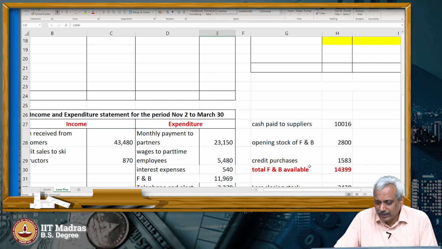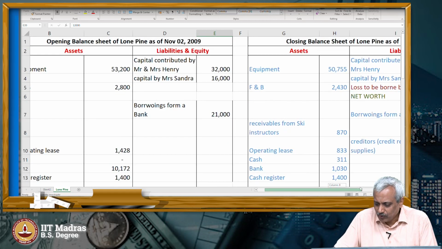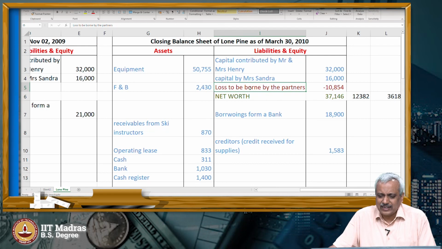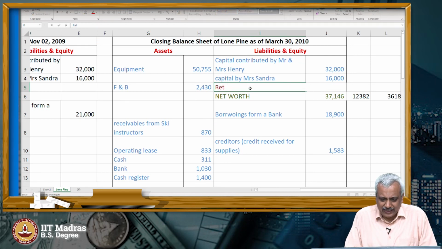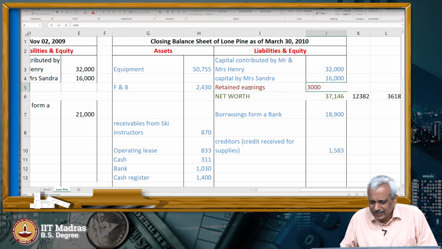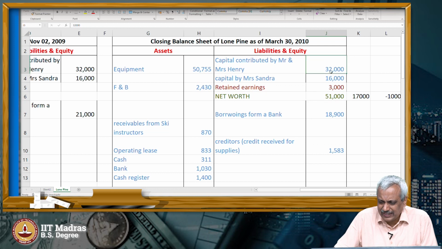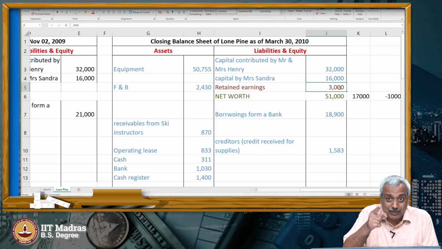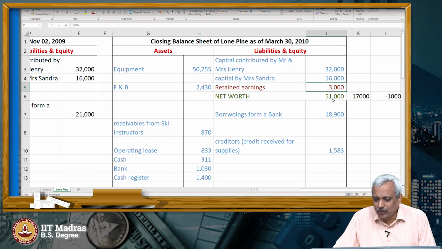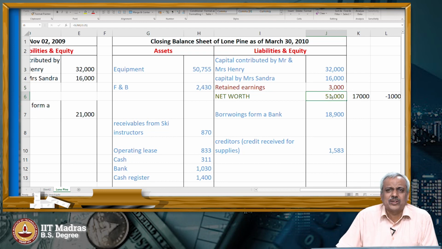So in the closing balance sheet, the money that is with me is what we call retained earnings. Their capital, which was 48,000 earlier, now has $3,000 added because the money belongs to them, and now their total capital is about $51,000.